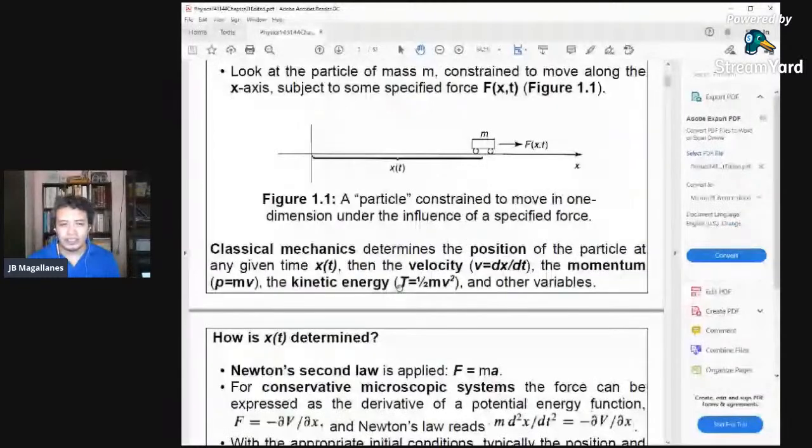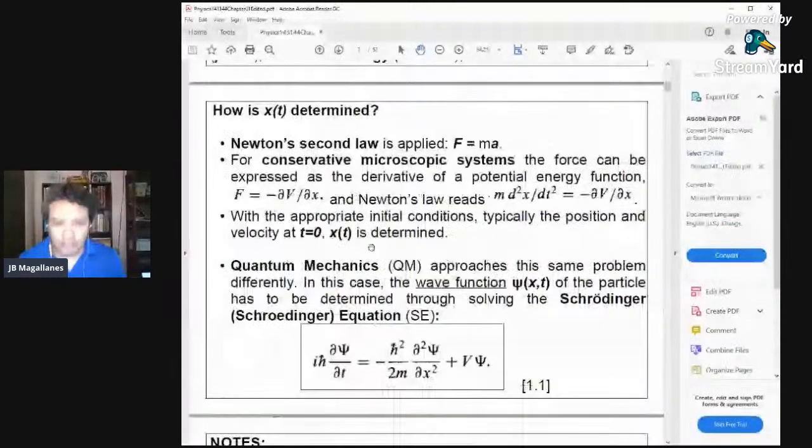So here you have Newton's law. You can apply F is equal to ma, mass times acceleration. The acceleration is just the second derivative with respect to time of the position.